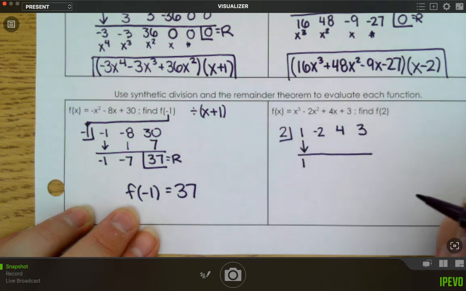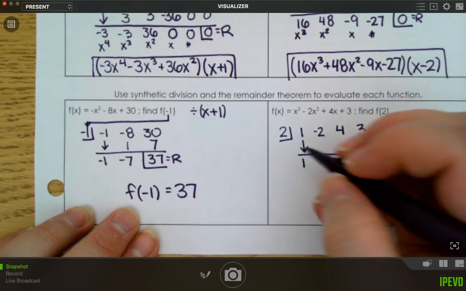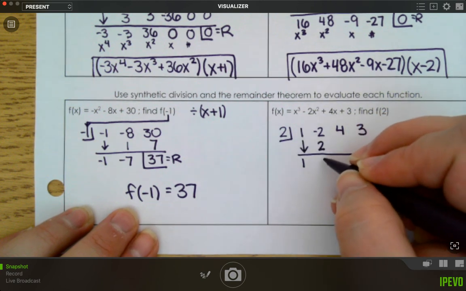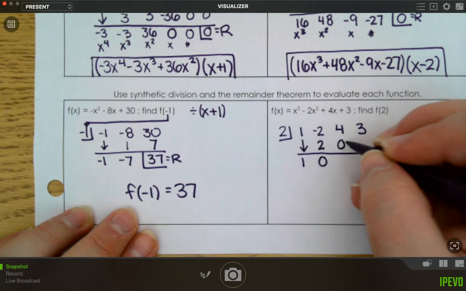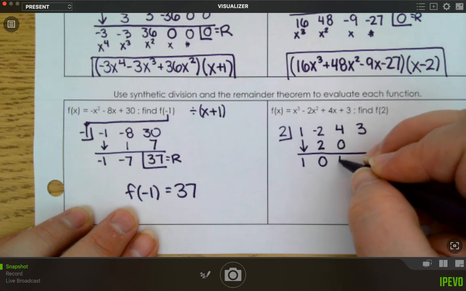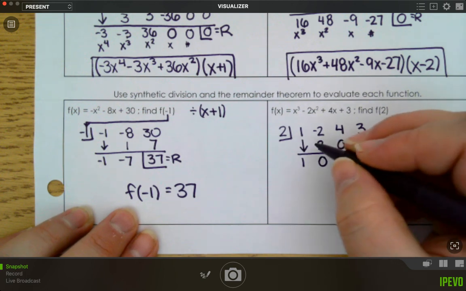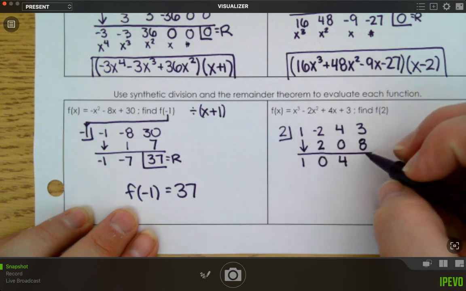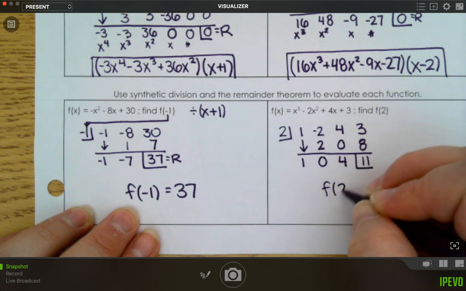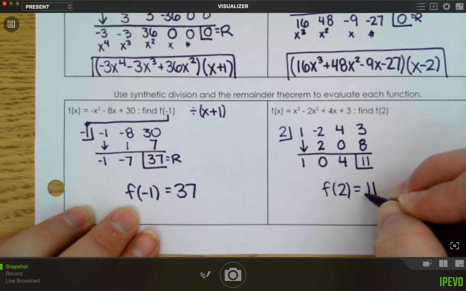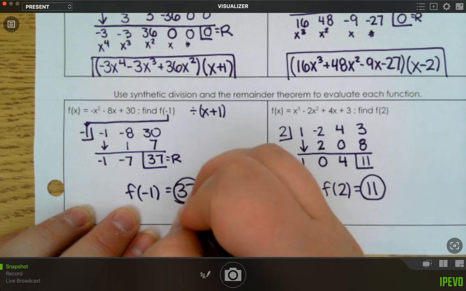Instead, we can just plug this on in. 2 times 1 is 2. -2 plus 2 is 0. 0 times 2 is 0. 4 plus 0 is 4. 4 times 2 is 8. 8 plus 3 is 11. I forgot to circle my answer over there.